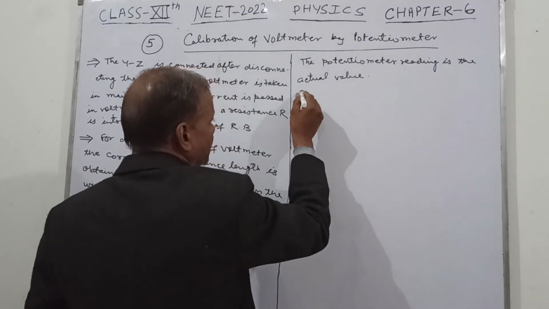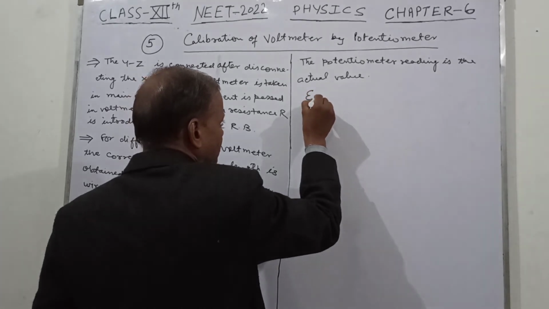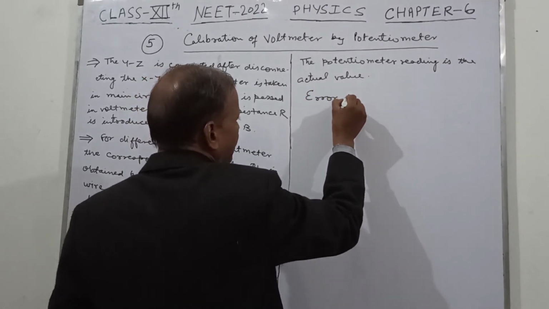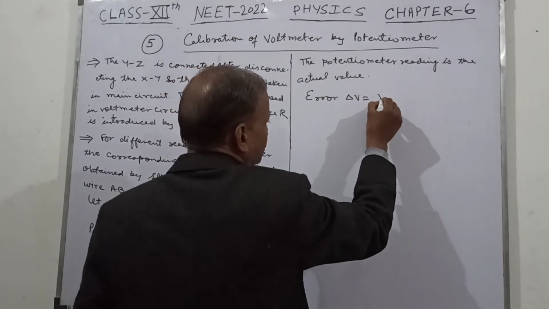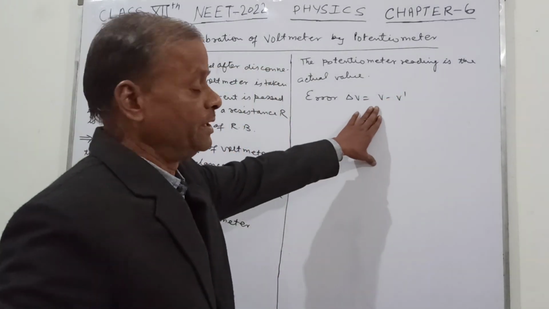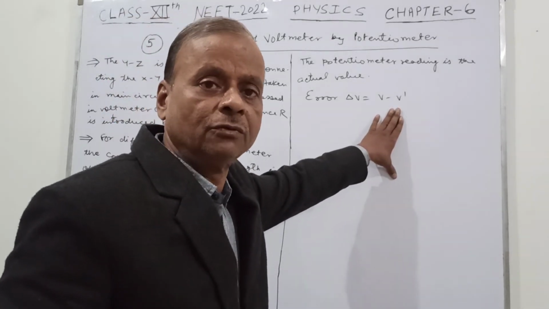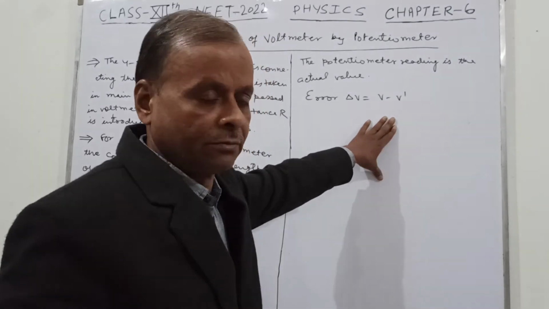So now the error is delta V equal to V minus V dash, the value measured by the voltmeter minus the value taken by the potentiometer.